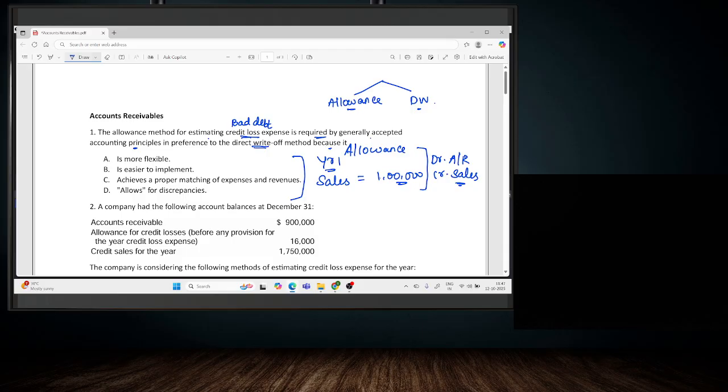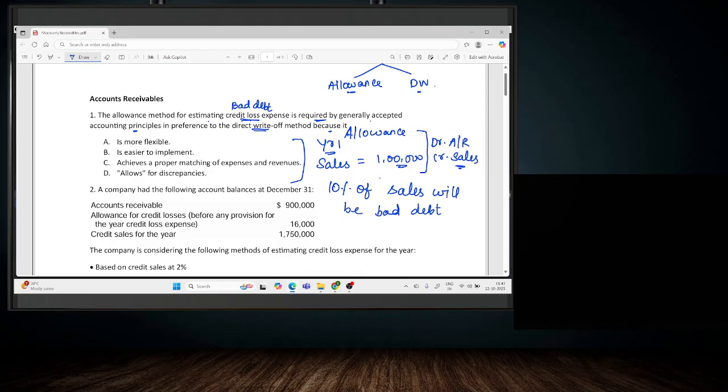In allowance method, based on your past experiences, you will expect some percentage of your customers will not pay the money. For example, let's say you are expecting that 10% of your sales will be credit loss or bad debt.